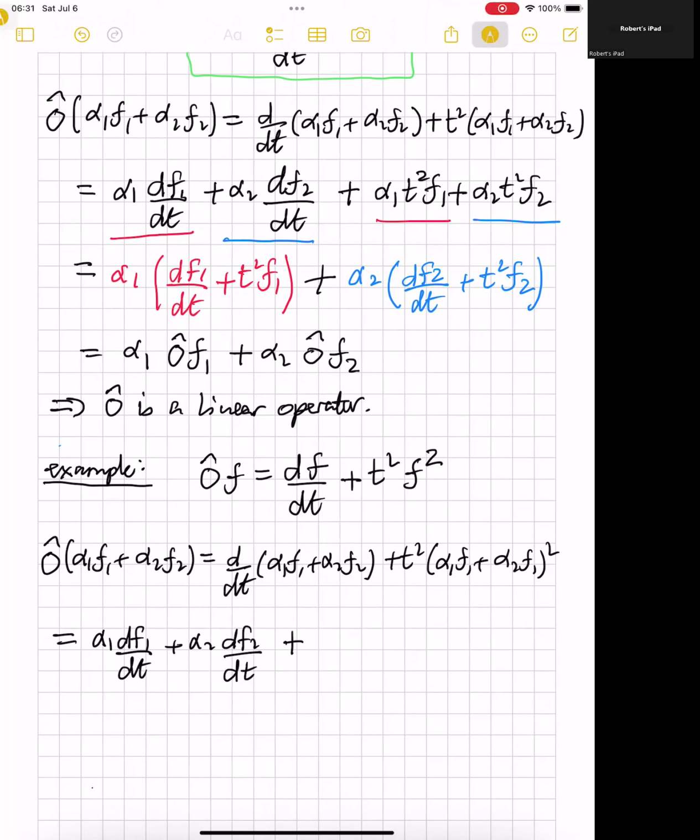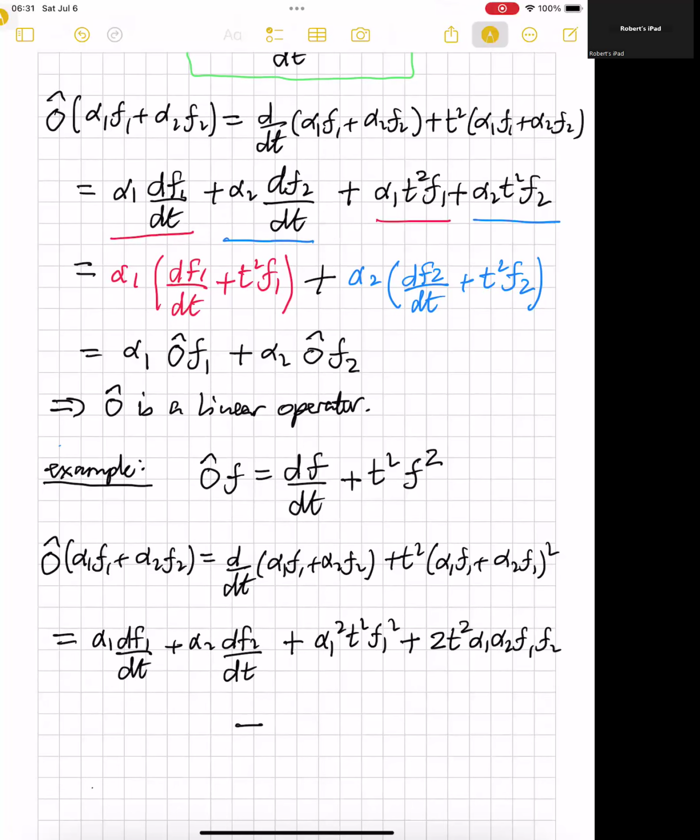And then for the second term, I can just multiply out all of the brackets. And what do I get? I get alpha 1 squared, t squared, f1 squared, plus the cross term will be 2, always for the cross term, t squared, alpha 1, alpha 2, f1, f2.